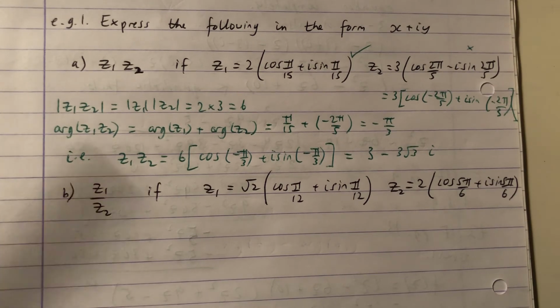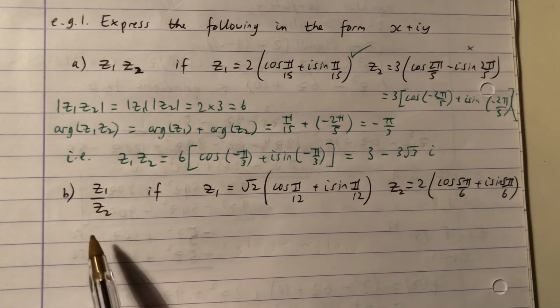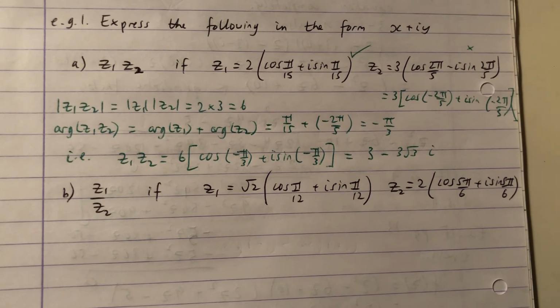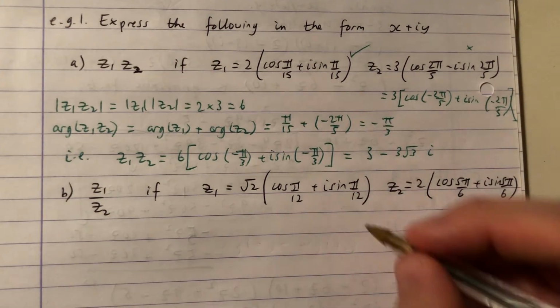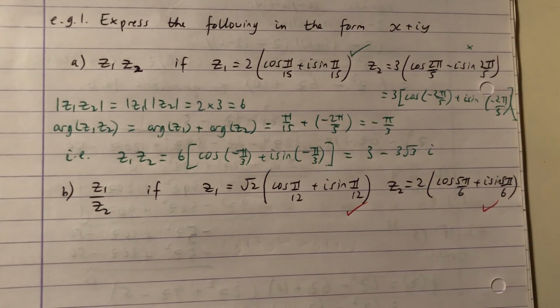Let's do something similar with part B, z1 over z2. Probably the first thing you should check is, are these numbers in modulus argument form? And they are. You've got pluses, same arguments, pluses. Happy with both of those. So now I can use the shortcuts.